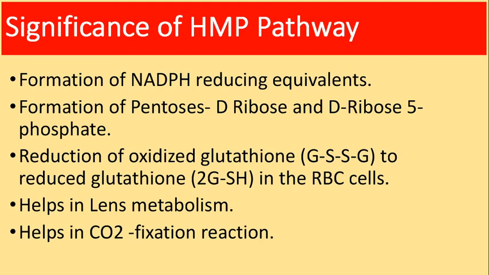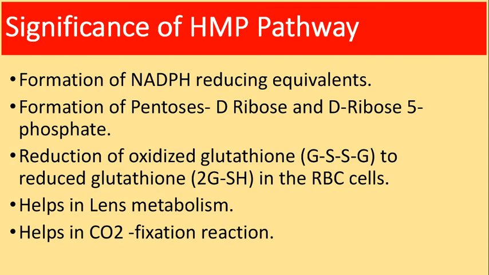Then in the CO2 fixation reaction also, this HMP pathway plays a major role in plants, where CO2 is produced in the HMP shunt, which is utilized for glucose formation by photosynthesis. So it helps to fix CO2.